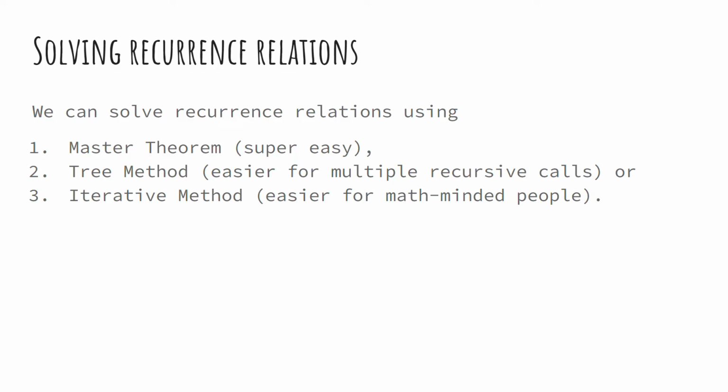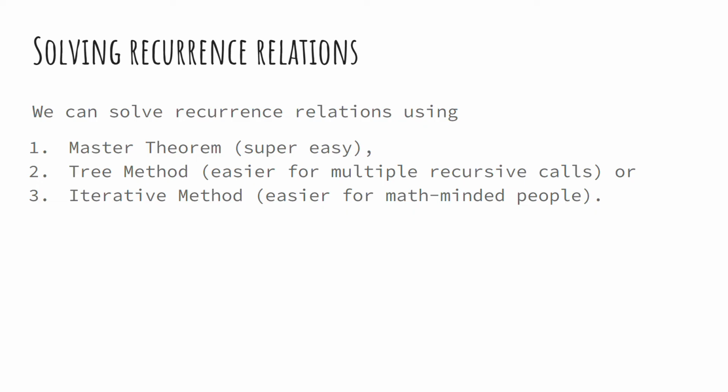Alright, once we get our recurrence relations, how do we find the time complexities of the function, or how do we solve those recurrence relations? There are multiple ways of doing this. One is the master theorem, which is super easy once you know how to use it.